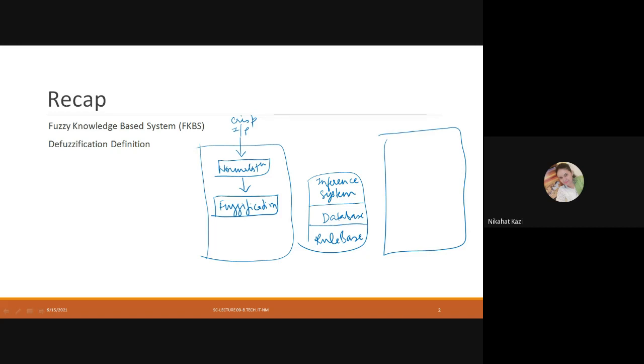What is the database containing? Some data. What data?